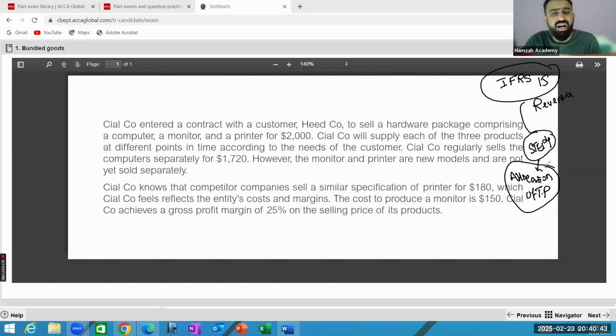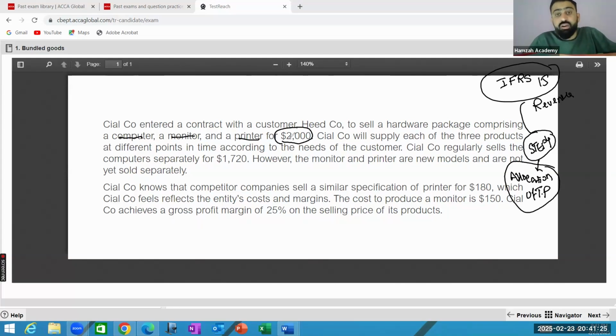Even the examiner is not asking about revenue recognition, whether revenue recognition should be at a point in time or over time. The examiner is just asking about only one thing: how to allocate the transaction price among these 3 performance obligations. Number 1, we have a performance obligation of a computer, then monitor and a printer, and the transaction price is $2,000, which the examiner is asking us to allocate.